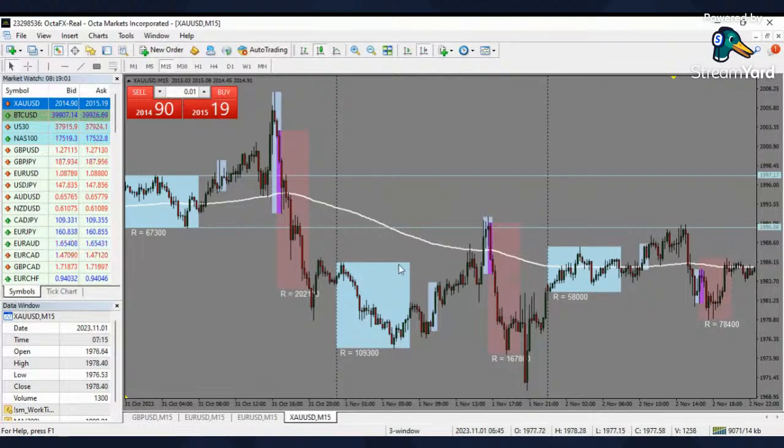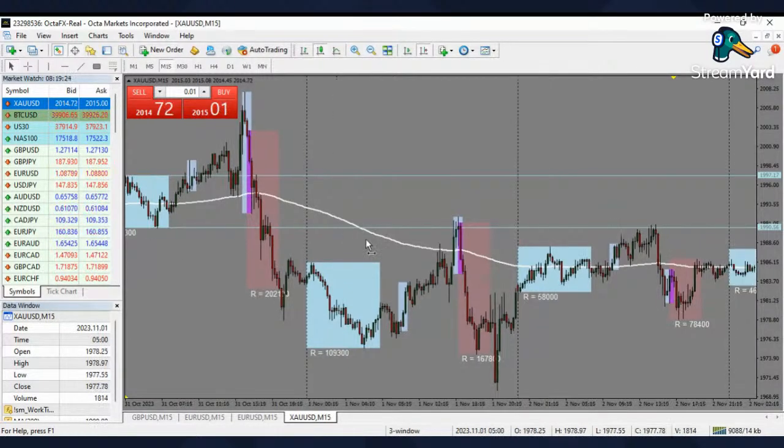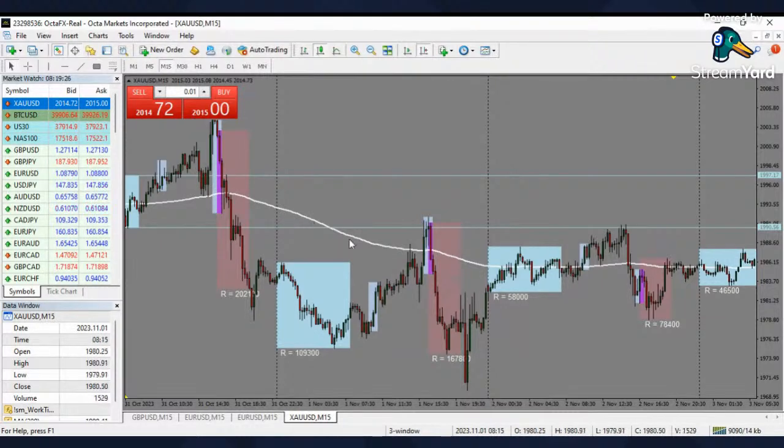If the Asian box of the current day is below this 200 EMA, fully submerged under it, what am I waiting for? I'm waiting for a sell. I'll be looking for only sell opportunities on that day.